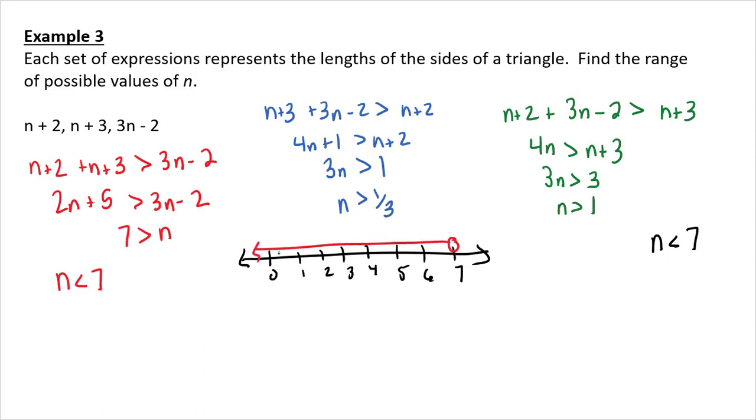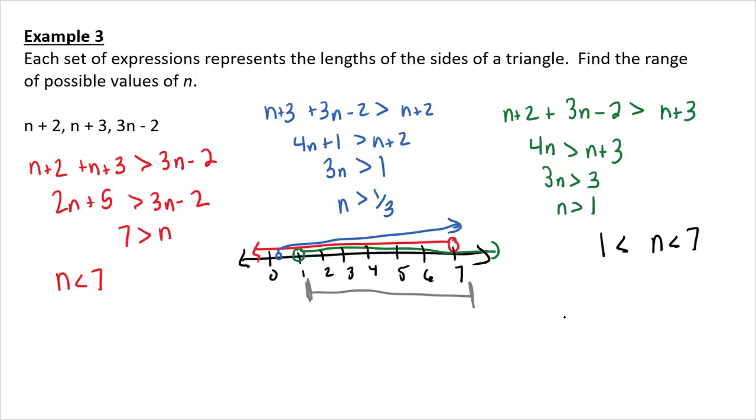N is greater than 1/3. And n is greater than 1. So basically what I'm asking you here is, what area have I shaded all 3 times? Where, when I'm graphing my inequality, do all 3 inequality graphs intersect? They intersect from 1 to 7. So I know 1 is going to be my smallest possible number.